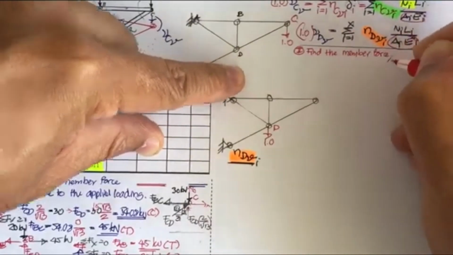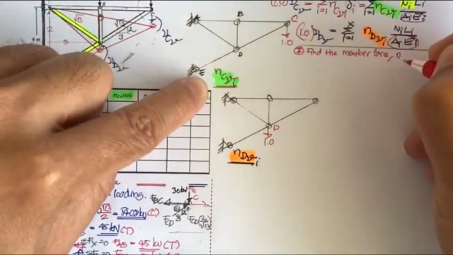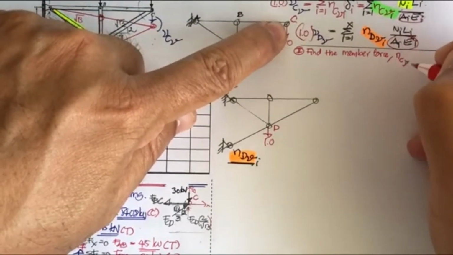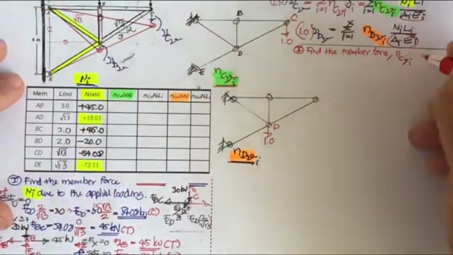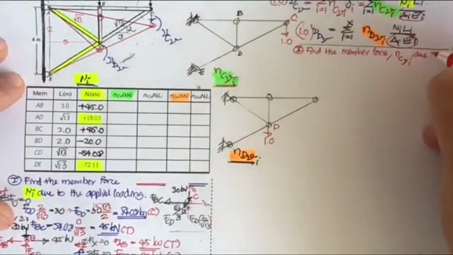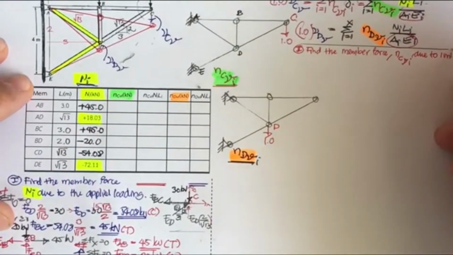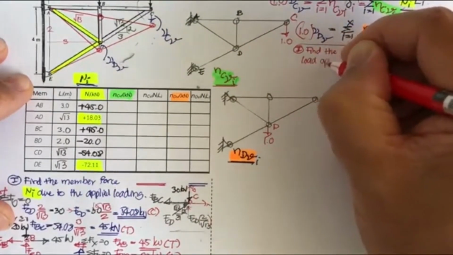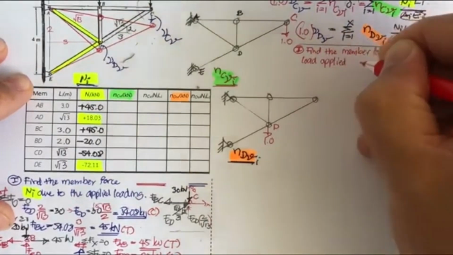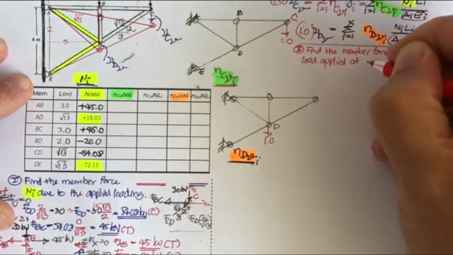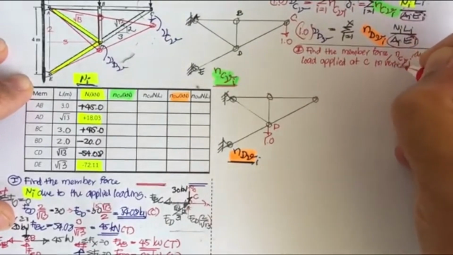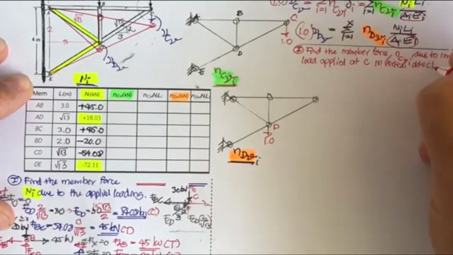This time it is going to be N at C in the vertical direction, plus I. This is due to 1 unit load applied at C in the vertical direction.